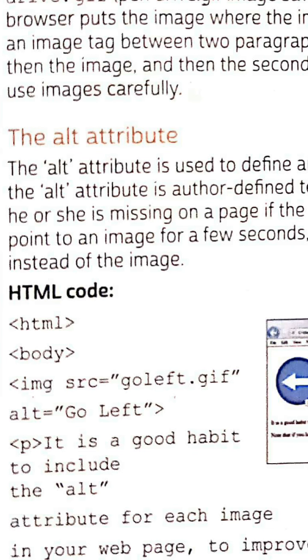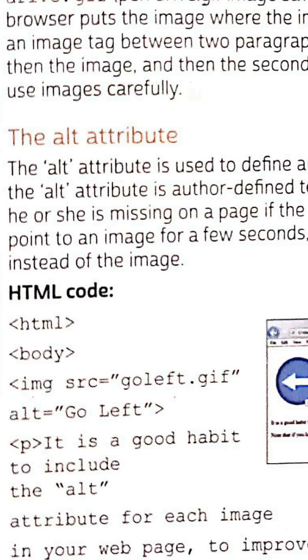The alt attribute tells the reader what he or she is missing on a page. If the browser cannot load the image, when you point to an image for a few seconds, the browser will display the alternate text instead of the image.